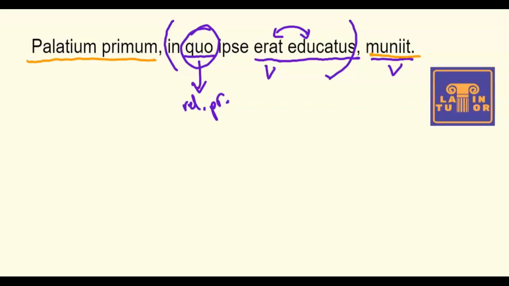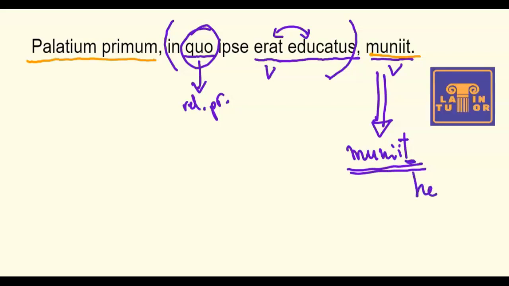Now, this has become much easier because we can just start translating the verb. Munit, that's the verb. So we can ask, what is happening here? Who is doing what? So we can see that it's a third person, and we were talking about Romulus, so it will be a he.